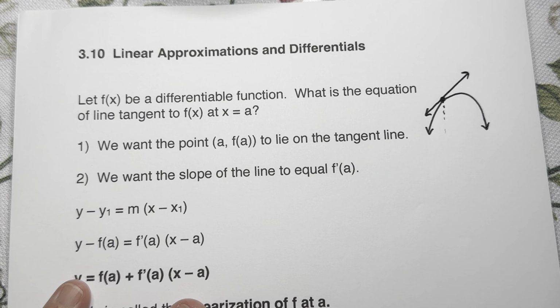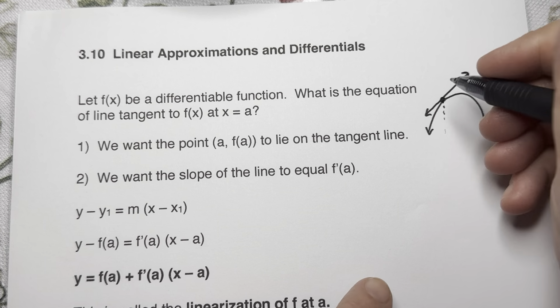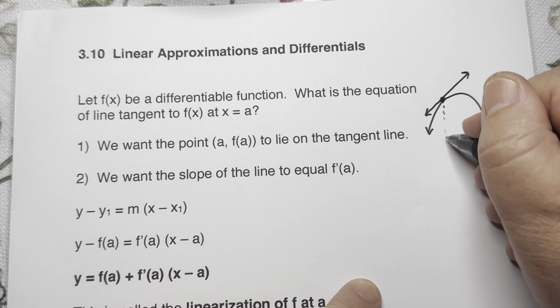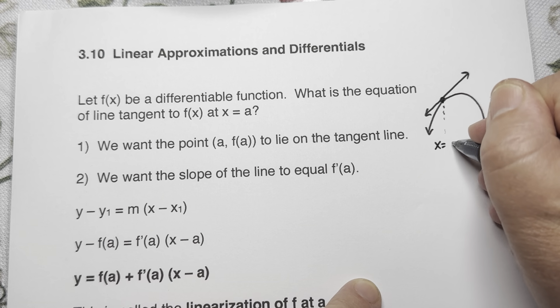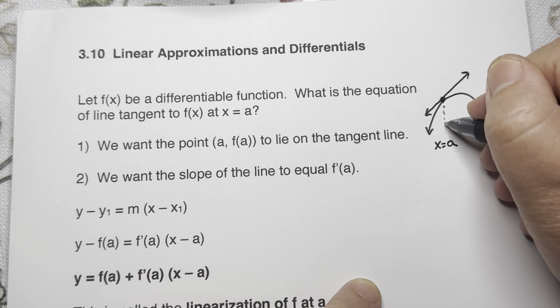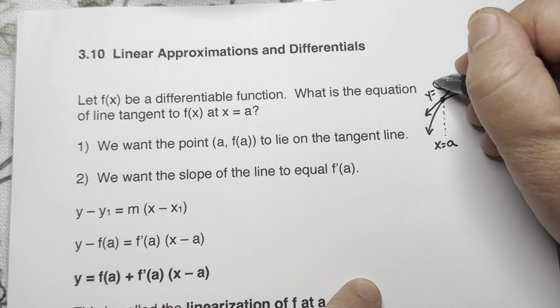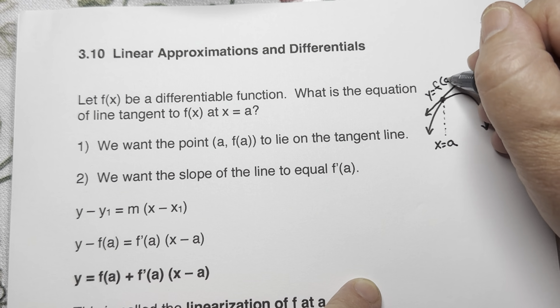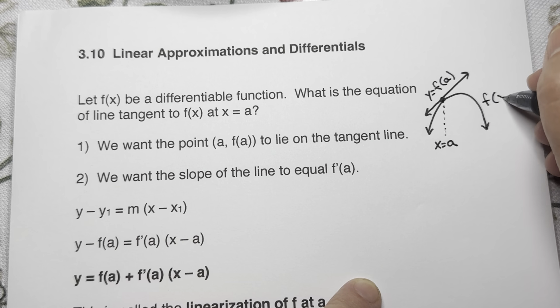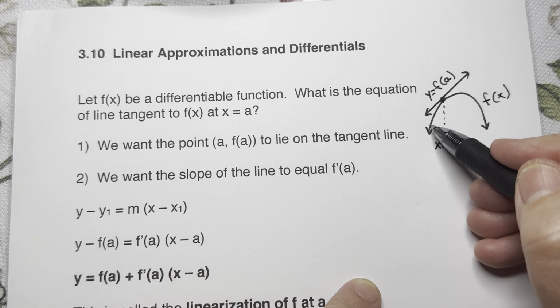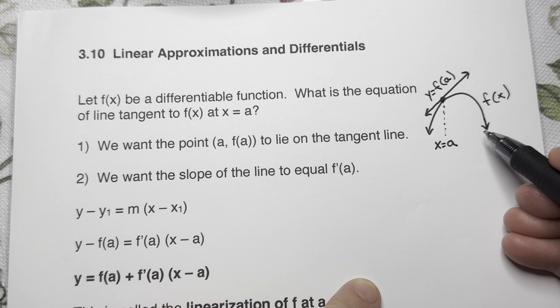But now what we're going to do is find a line that has a very particular formula. So what sort of things are happening? Well, if x equals a, the y value is going to be the function value, because that point has to lie on the function f.